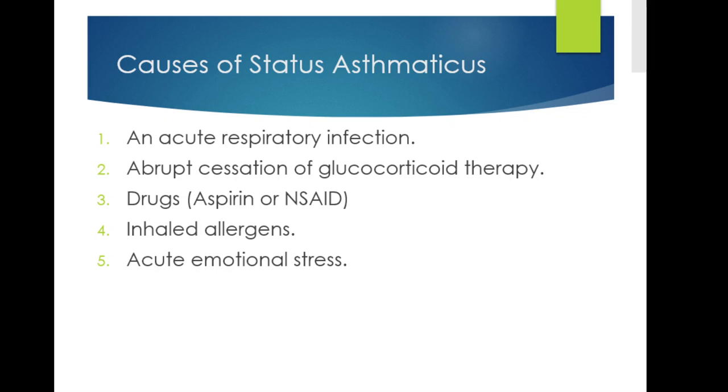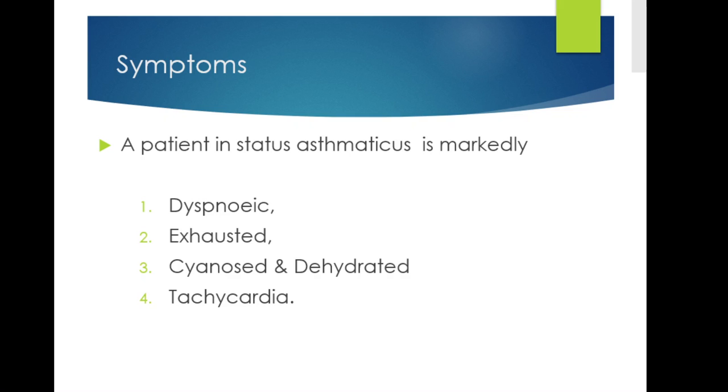all these may lead to status asthmaticus. Symptoms of status asthmaticus are dyspnea, difficulty in breathing. The patient will be exhausted, cyanosed, and dehydrated, and sometimes the patient may have tachycardia, that is an increase in heartbeats.